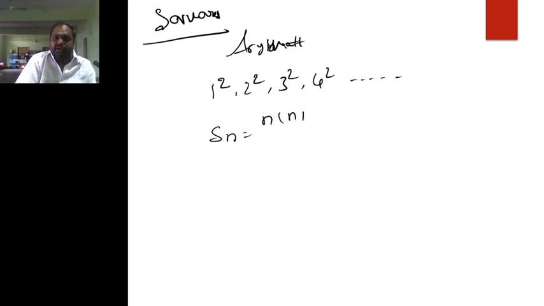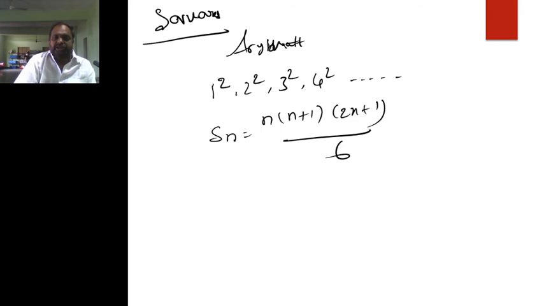For squares, Aryabhata gave a formula. Suppose the natural numbers are 1 square, 2 square, 3 square and 4 square. The sum of n such terms, he also gave a formula, Sn is equal to n into n plus 1 into 2n plus 1 by 6.